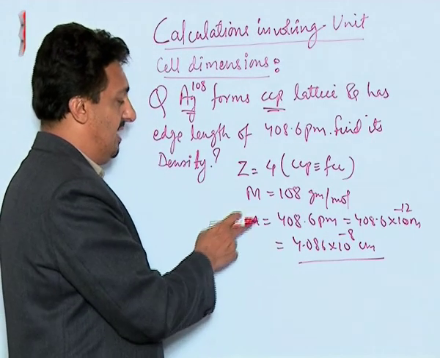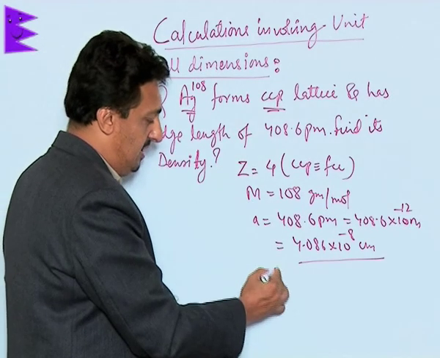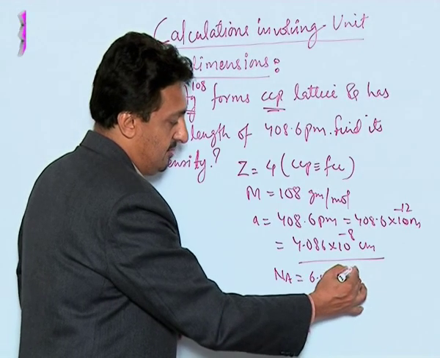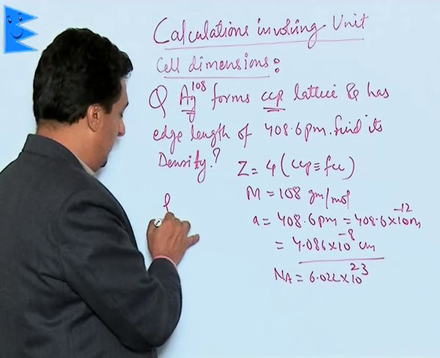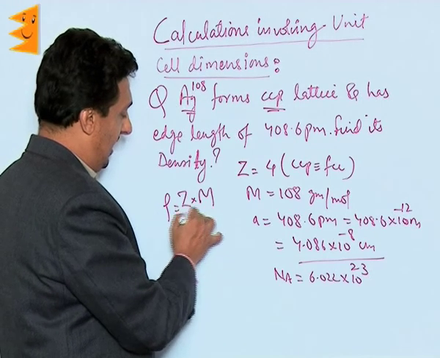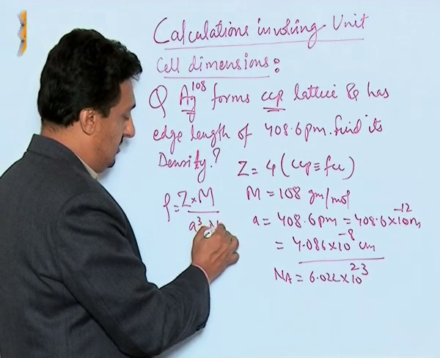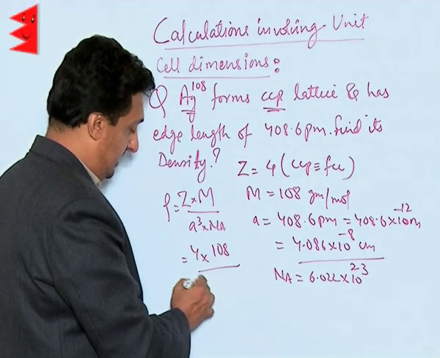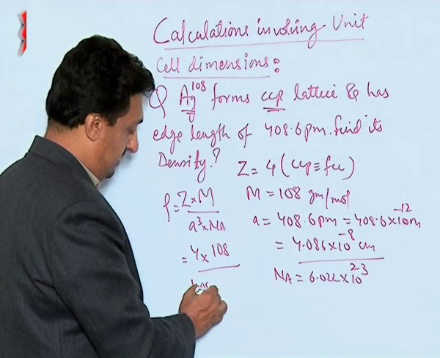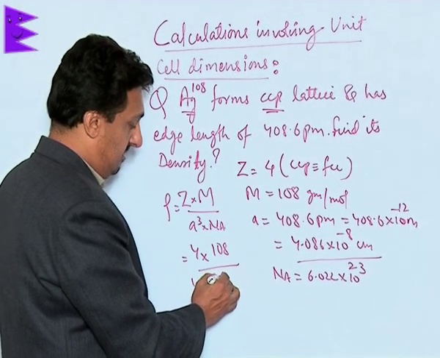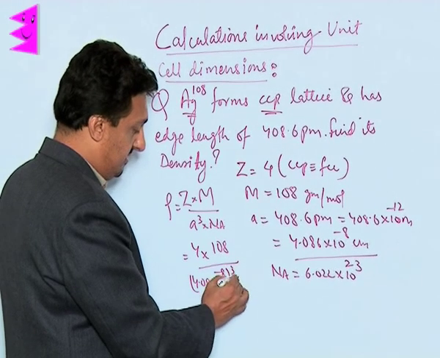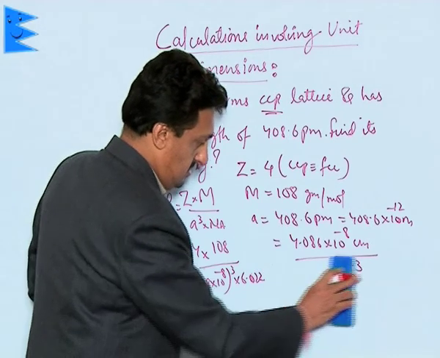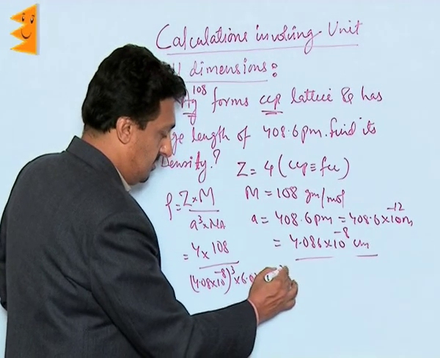So now we know a, Z, M and N A. We already know N A is always 6.022 into 10 to the power 23. So now we know the formula, it's Z M upon a cube into N A. We know Z is 4, mass is 108, a cube is 4.086 into 10 to the power minus 8 cubed, into 6.022 into 10 to the power 23.